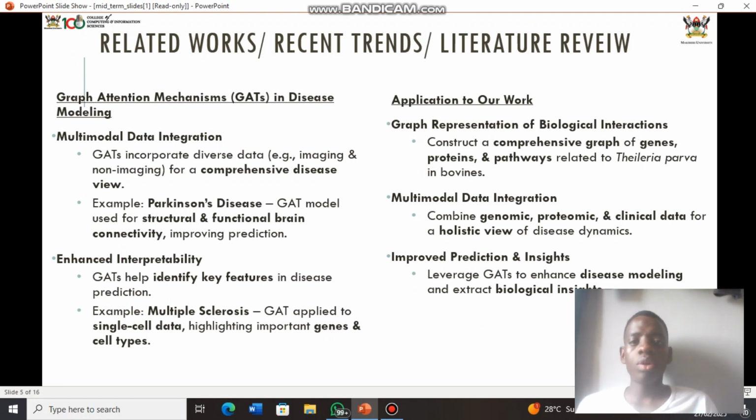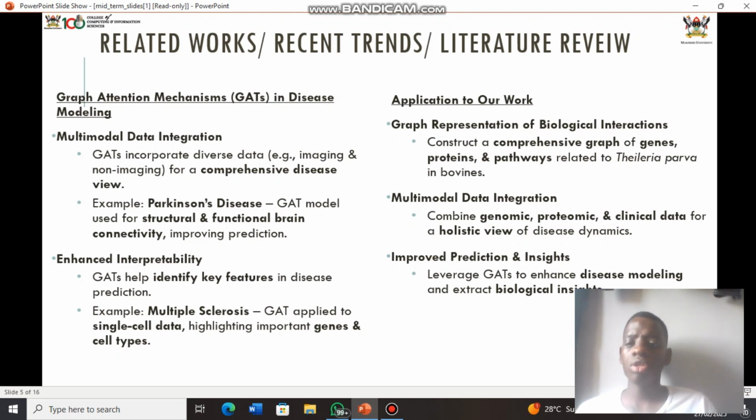Now the related works, or recent trends in the literature review, of graph attention mechanisms in disease modeling: multimodal data integration incorporates diverse data, either imaging or non-imaging, for a comprehensive disease view. Here is an example of Parkinson's disease.